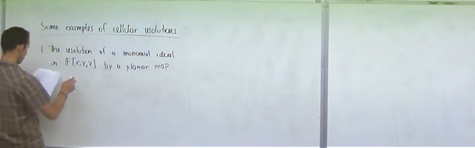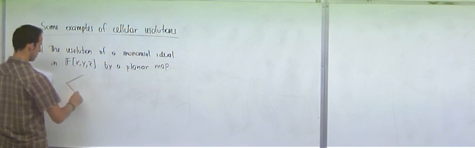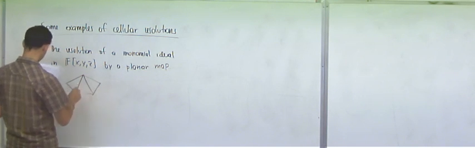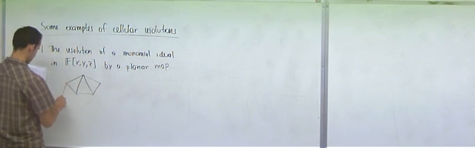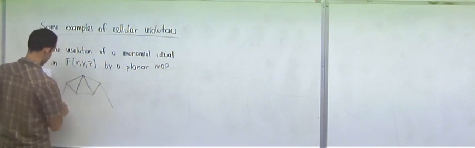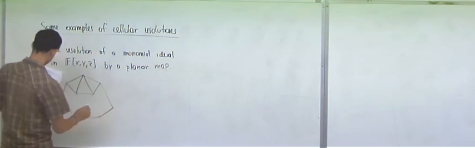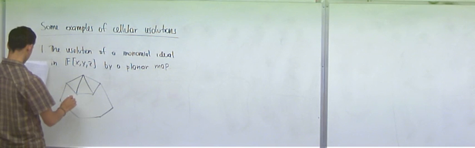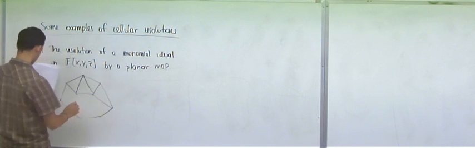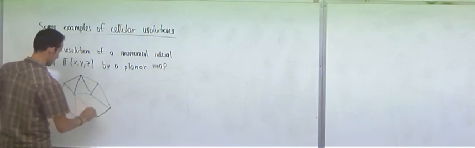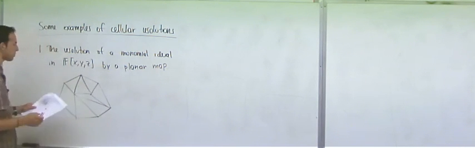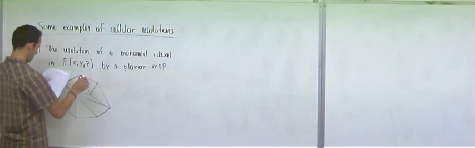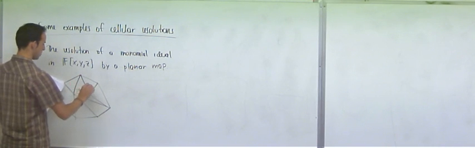There were several possible answers, but you should have gotten something that looks kind of like this. This is one of the possible pictures, right? And these things were labeled like 2, 1, 1, 1, 2, 1, etc.